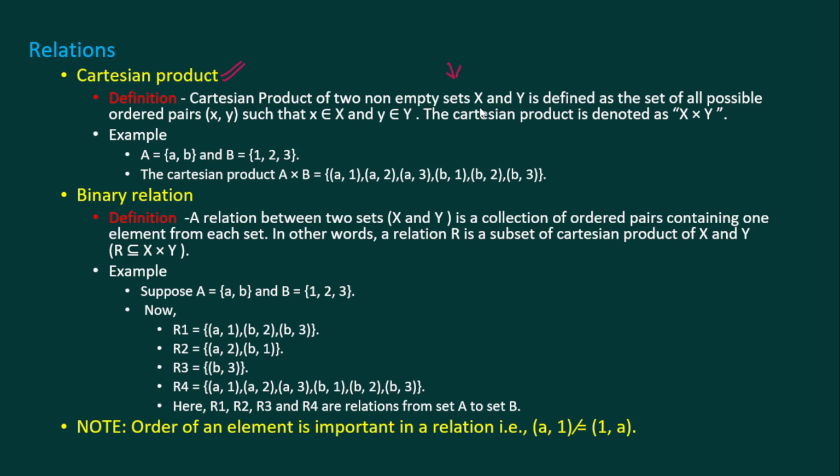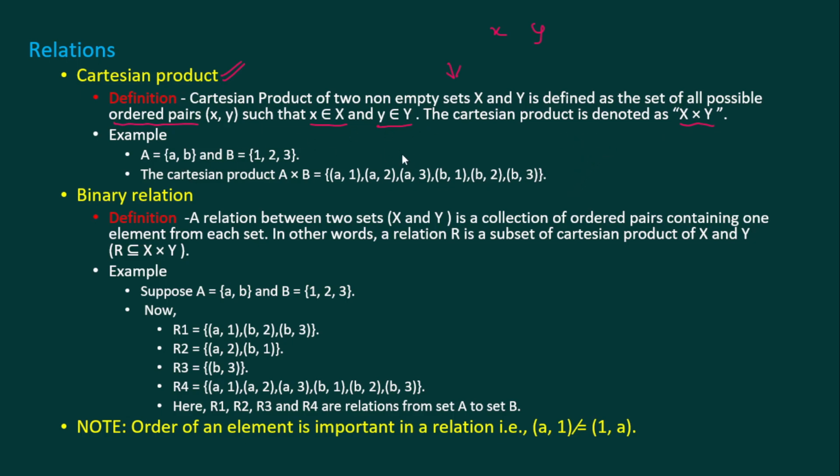So there are two non-empty sets X and Y, and we are defining the Cartesian product of these two sets as the set of all possible ordered pairs such that x belongs to set X and y belongs to set Y. The Cartesian product is basically denoted with X cross Y.